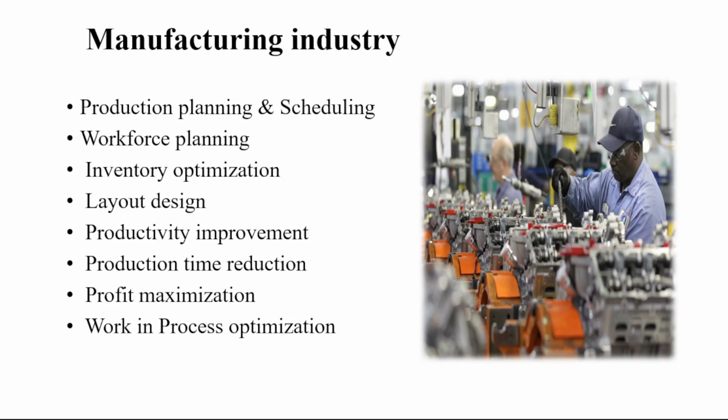Productivity improvement, production time reduction, profit maximization, and work in process optimization can also be done using operation research, as it involves decision making. And decision making using mathematical models is done for the manufacturing industries.